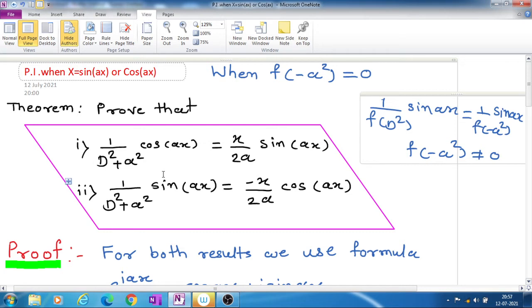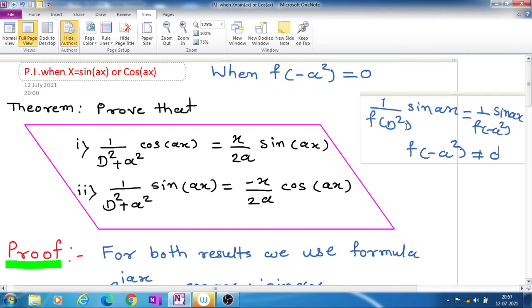So at that time the value is x upon 2a into sin ax, and when here is sin ax, then the value of 1 upon D square plus a square sin ax is equal to minus x upon 2a cos ax. So observe this formula: here is cos ax and on the right hand side is sin ax.